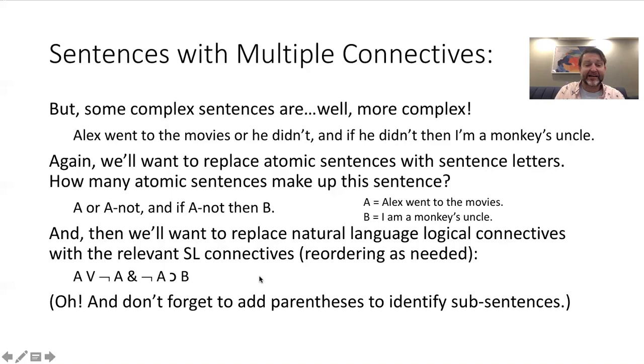So we need to add parentheses to identify the sub-sentences that make up this complex sentence. And so this sentence would look like this. So we have both A or not A, and if not A, then B. And so this is a well-formed formula that is perfectly clear in its truth value in identifying the underlying logical structure of this sentence.